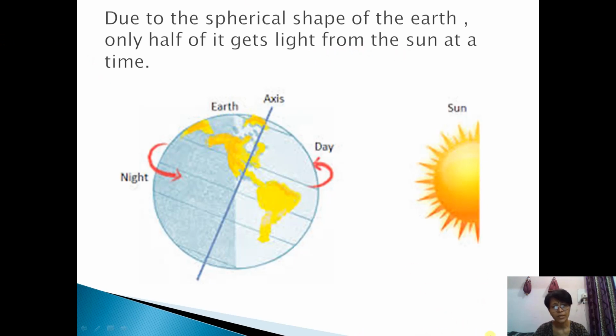If we divide the earth into two equal halves, then one half is facing the sunlight at a time. Whenever the earth moves, the other half will turn and face the sunlight. That happens because of the spherical shape of the earth.